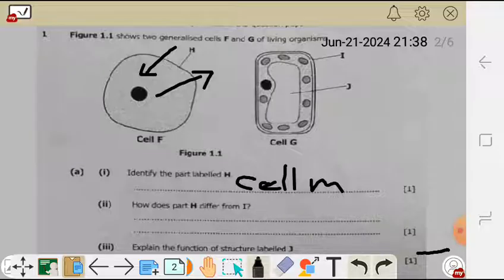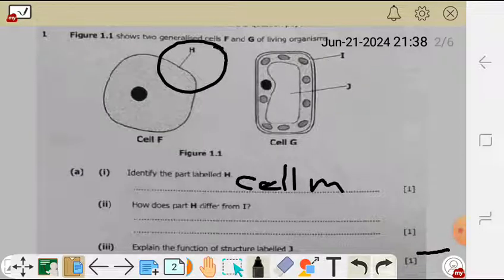In terms of what constitutes H and I, H is made up of lipids, so it's a lipid bilayer, and I is made up of cellulose. Either you go with the function or with the structure which makes that part. You choose for yourself.